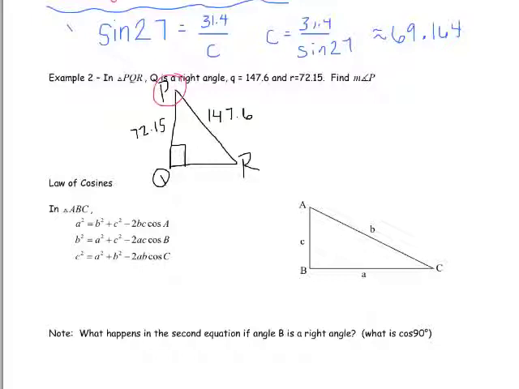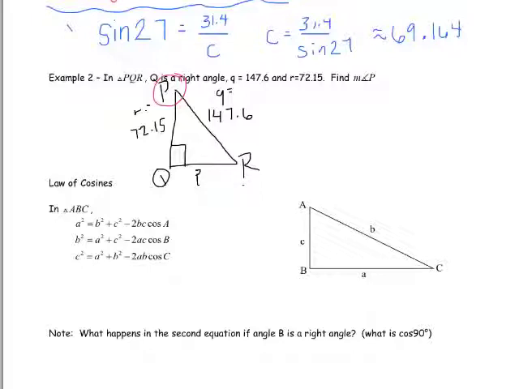If you didn't catch that, what I did when I labeled is across angle Q, so go across that, is lowercase q. Across angle R is lowercase r. So this would have been lowercase p. So across the side is the corresponding angle, or across the angle is the corresponding side.